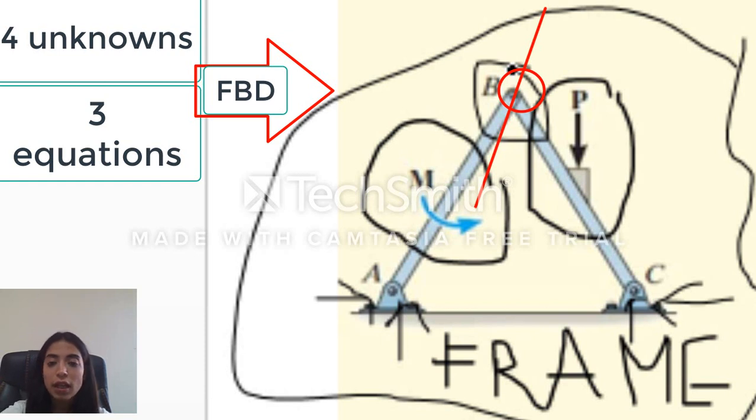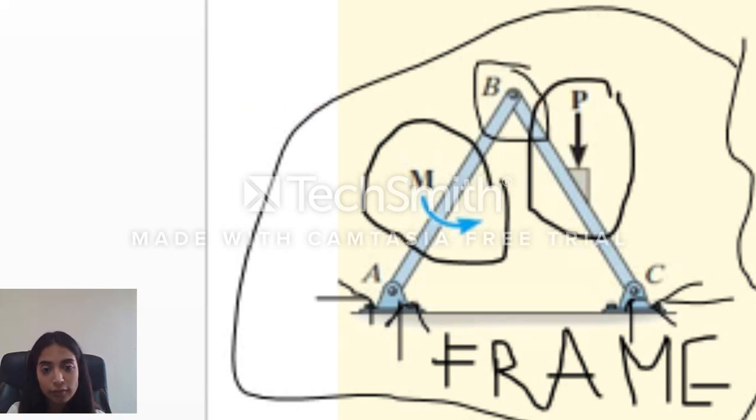Alright, if I separate AB from BC, I should show the reactions of the pin joining these 2 members. And here, guys, you should not be confused with the case of truss, because in fact, if I disassemble the member of the truss, I will only see the axial force, because the truss has 2 force members.